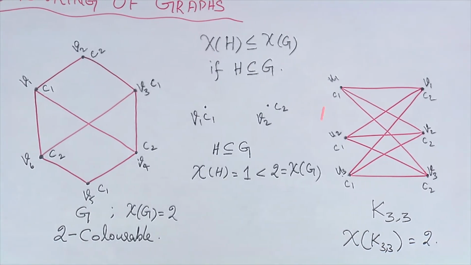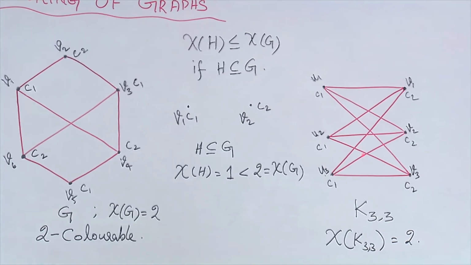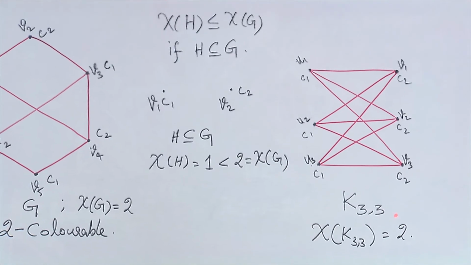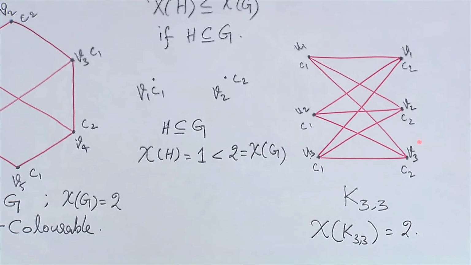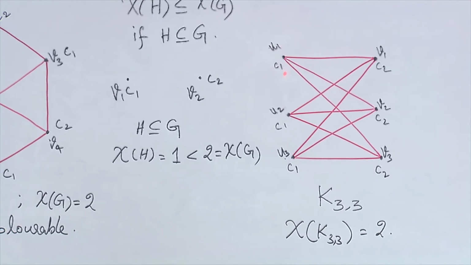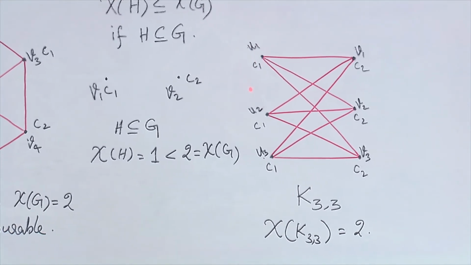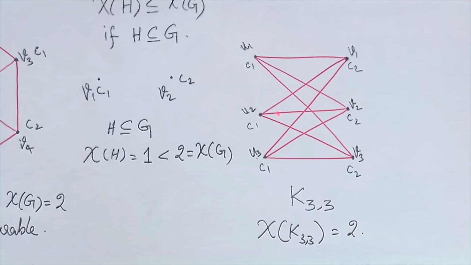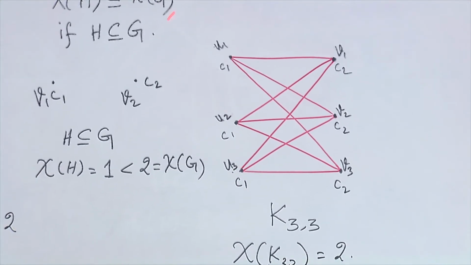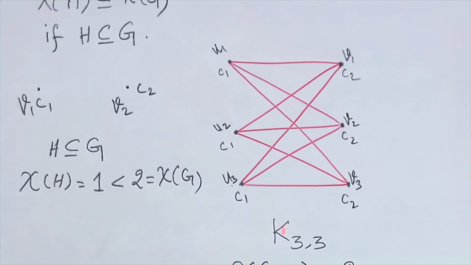Now, let us move to this complete bipartite graph with 6 vertices, K3,3. So, this is bipartite and it is complete. If I give the color C1 to U1, I can give the same color C1 to U2 and the same color C1 to U3 because none of these vertices are adjacent to each other.